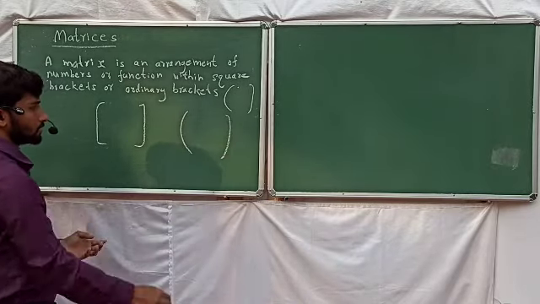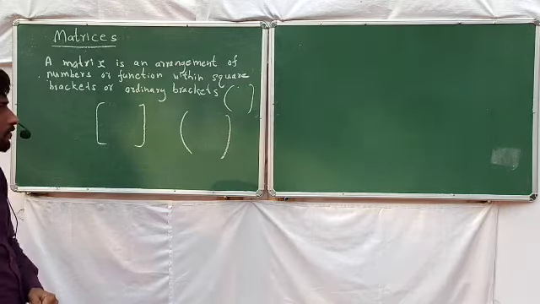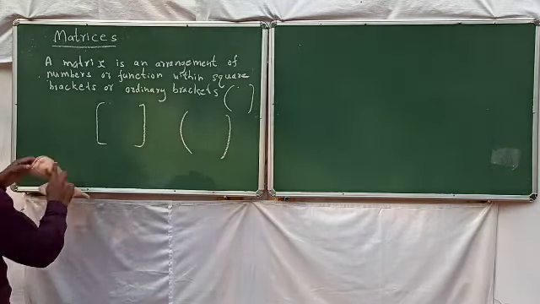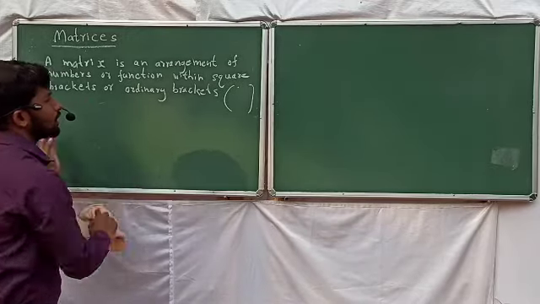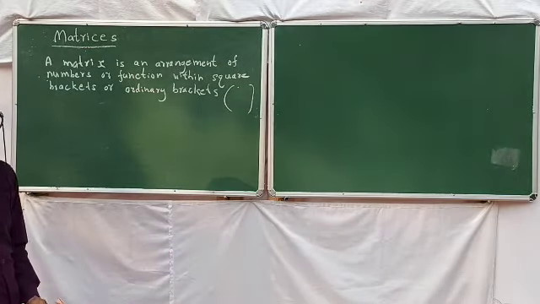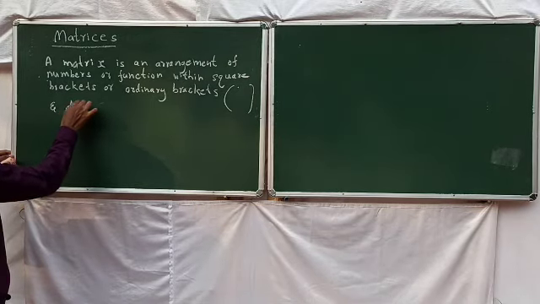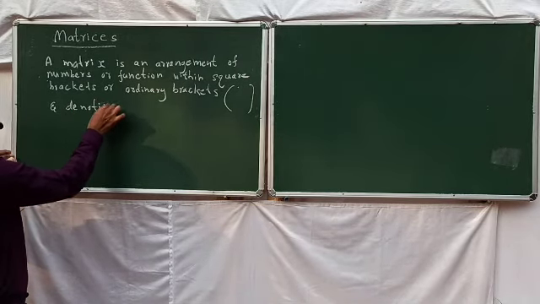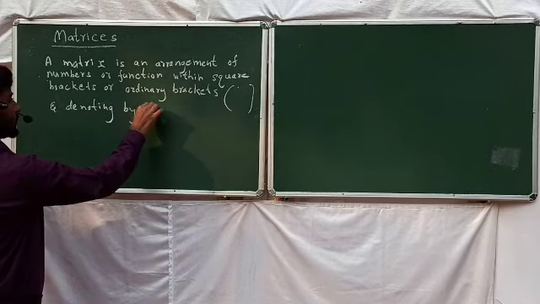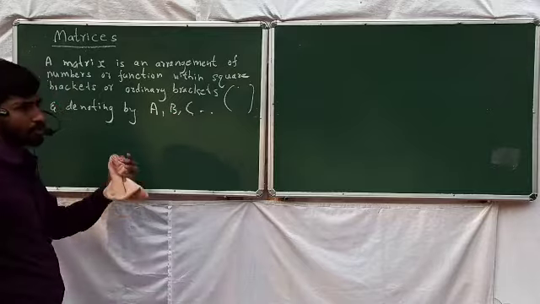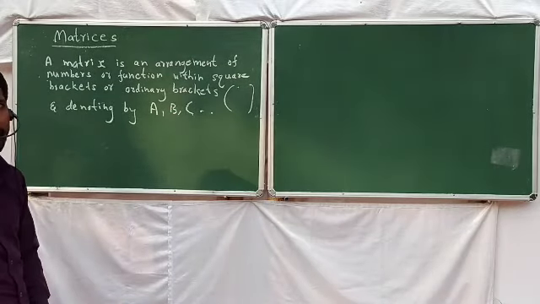Just arranging the numbers or functions, we call that a matrix. You denote the matrix by a capital letter A, B, C. It's only a notation. Generally you take the notations A, B, C.